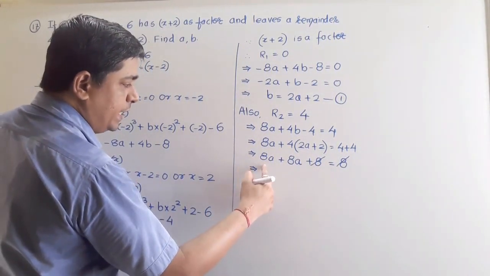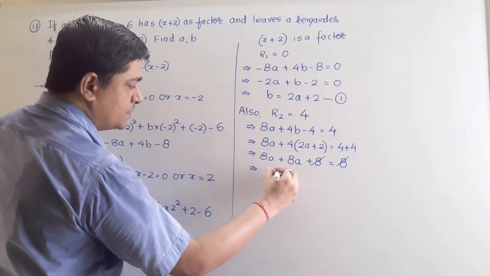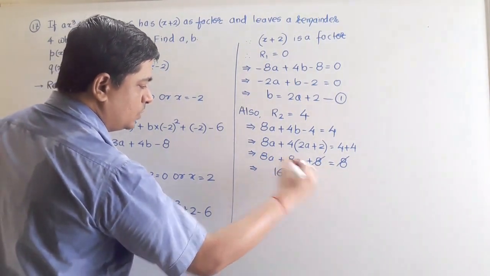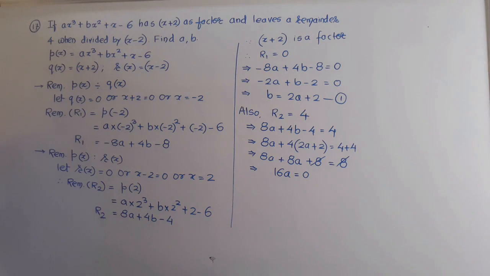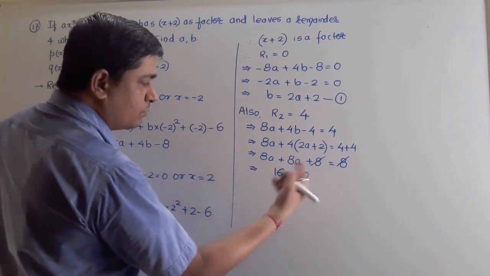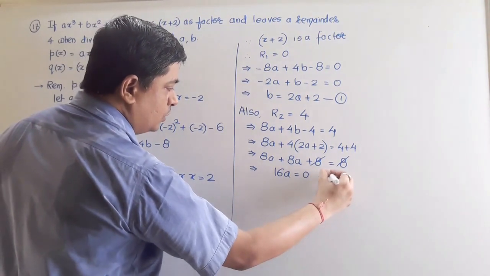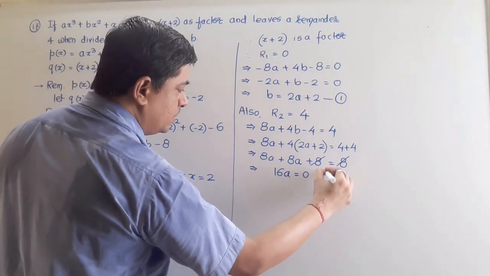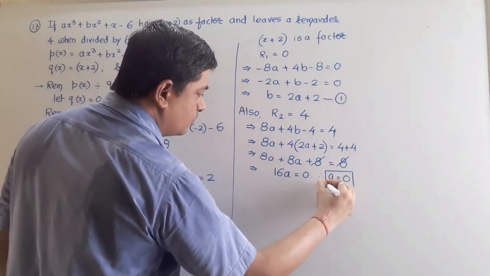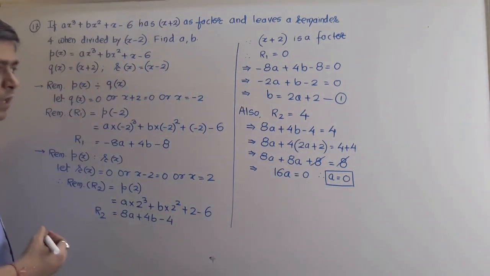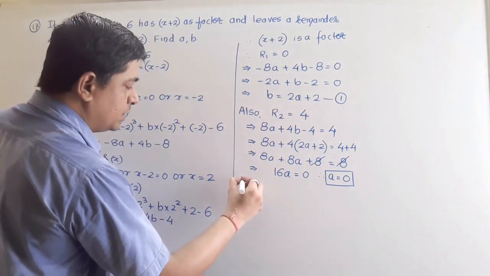This will be 8a plus 8a, it will be 16a is equal to 0, because that is cancelled, so remaining is 0. Now 16 will go in the upon of 0, that will be also 0. So value of A will be equal to here 0. That is your first value. Now value of A, we can keep it in the equation number 1.